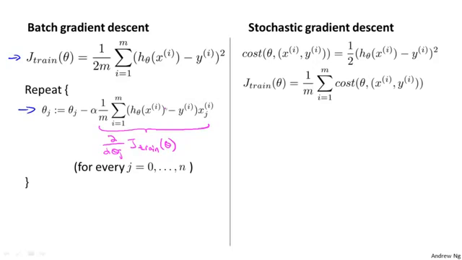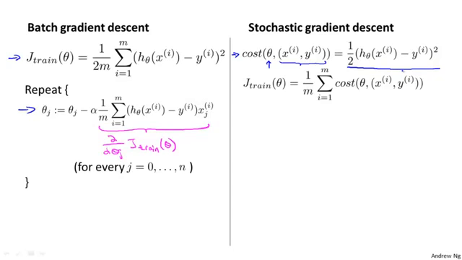In order to work out the algorithm, it's called stochastic gradient descent, let's write out the cost function in a slightly different way. We're going to define the cost of a parameter theta with respect to a training example (xi, yi) to be equal to 1/2 times the squared error that my hypothesis incurs on that example (xi, yi). So this cost function term really measures how well my hypothesis is doing on a single example (xi, yi).